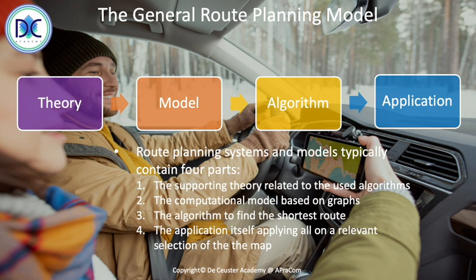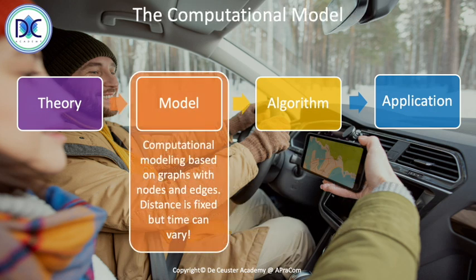The algorithm is there to find the shortest route, and the application applies everything, all the measurements and calculations, on a relevant selection of the map. We don't want to use the entire map because that would mean too much information. The calculation time would be too long and a lot of irrelevant information would be in the memory. These are very practical considerations when we apply route planning to a real route that we want to travel.